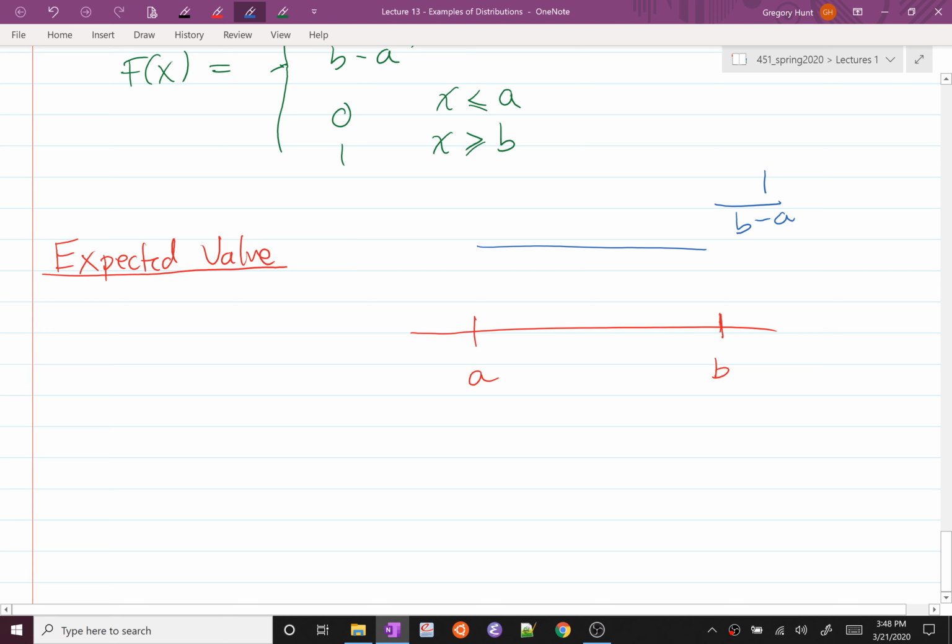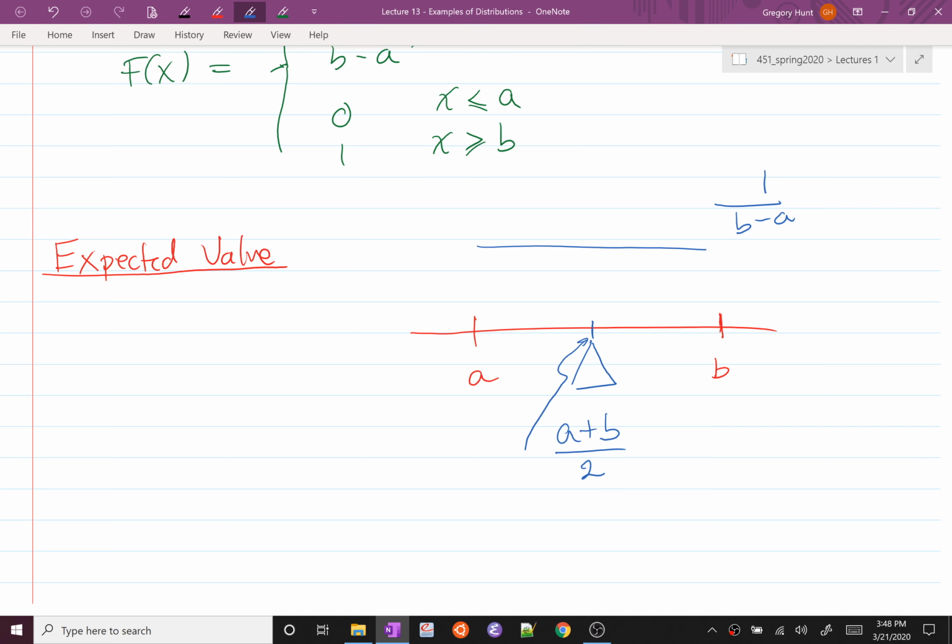If I had a bar with uniform density, where would I balance? Where would I put my fulcrum? I'm drawing my little fulcrum here. What's the balancing point? I'm going to guess it's the halfway point between a and b, which is their mean, a plus b over 2. My guess is that the expected value is going to be a plus b over 2.